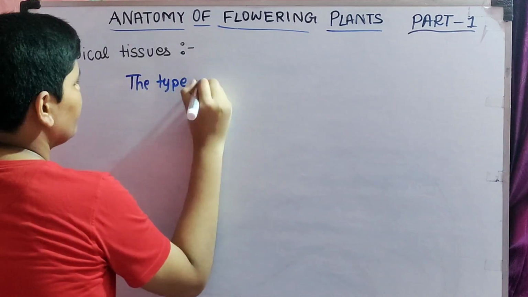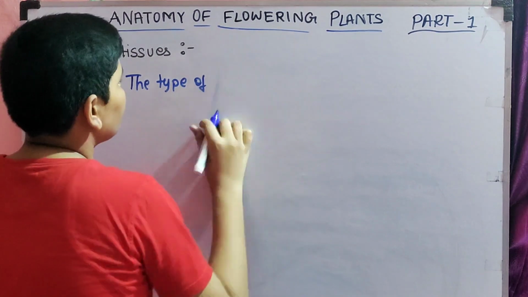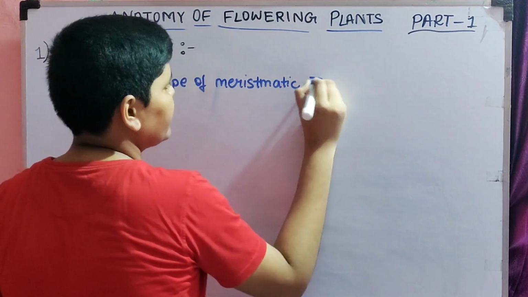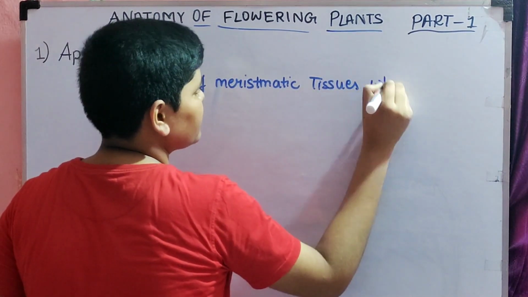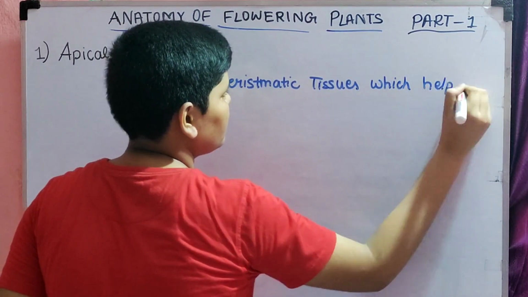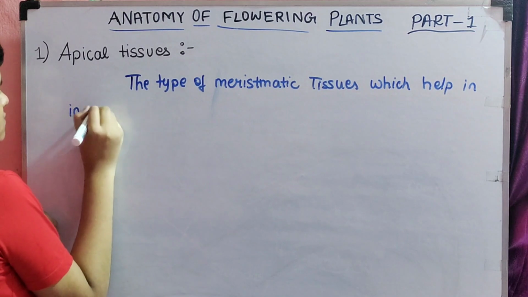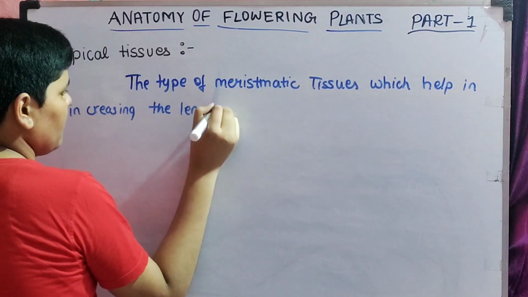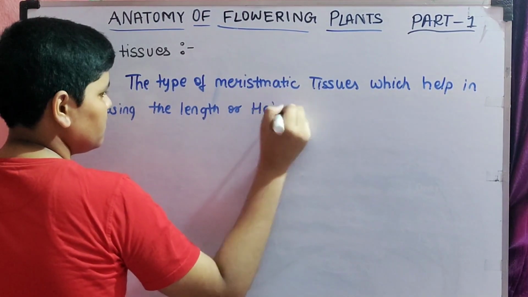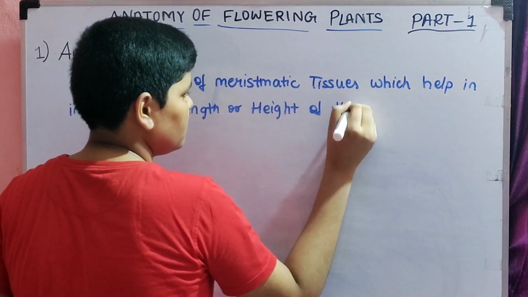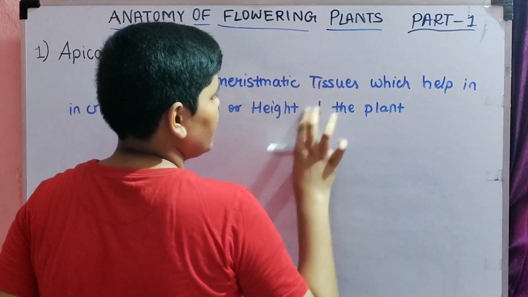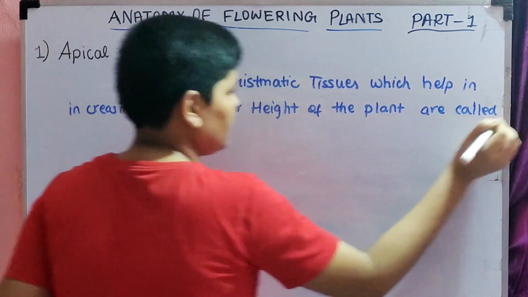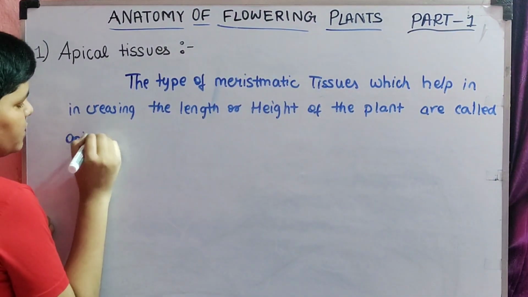The type of meristematic tissues which help in increasing the length or height of the plant are called apical tissues.